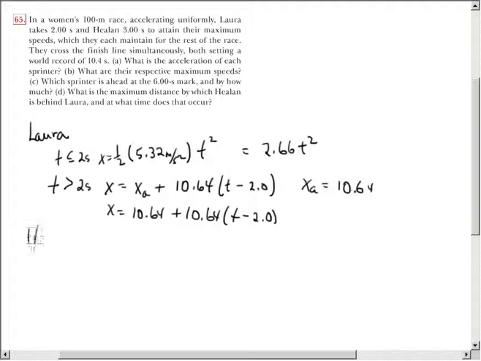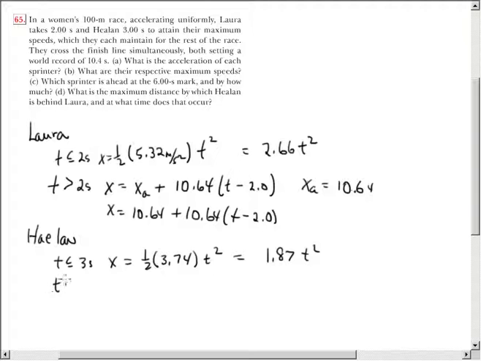For Helene, we have t less than or equal to 3 seconds. x will be equal to 1/2 times 3.74 times t squared, which is equal to 1.87 t squared.